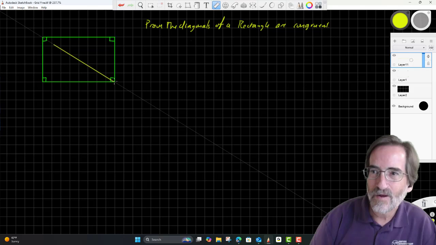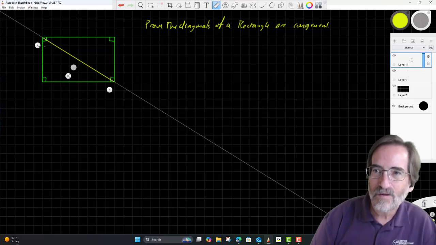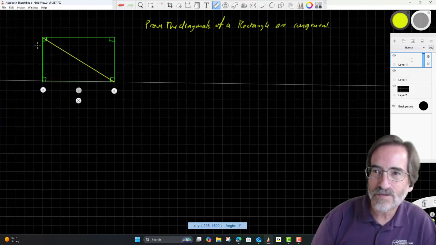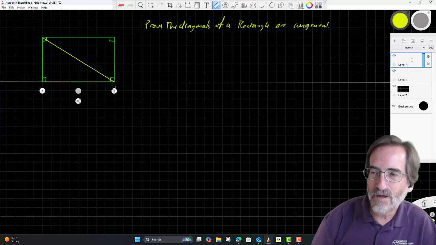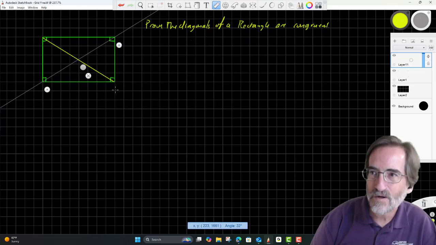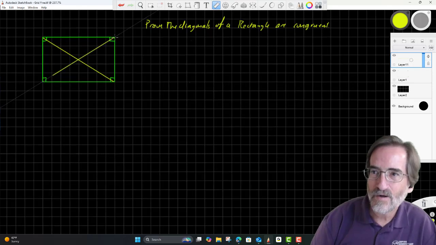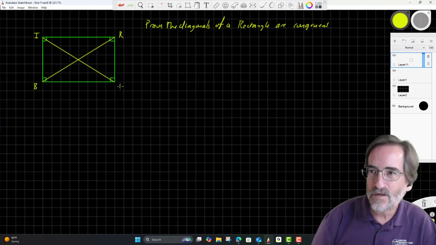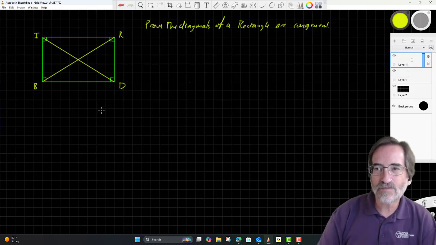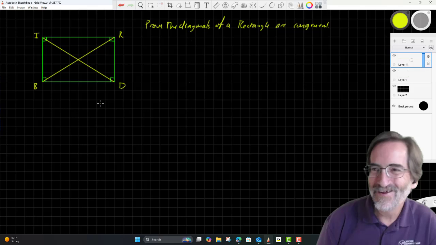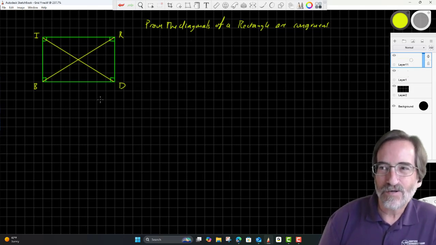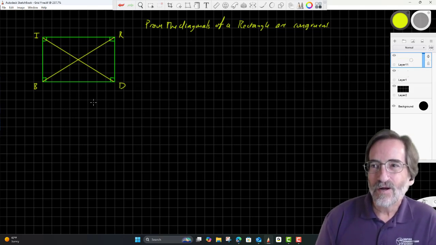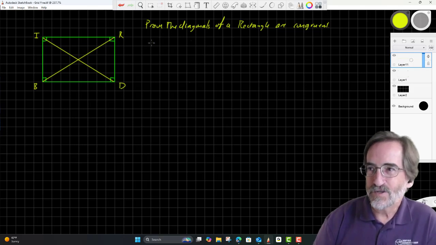So here we go, the diagonals. And I'm going to label them B, I, R, D. Any word that forms out of that is purely coincidental. So B, I, R, D. All right, so we're given this much information.